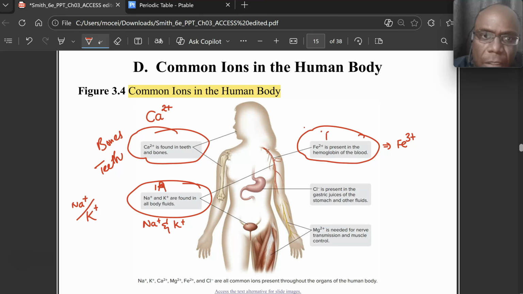So just know cations of Fe, which is an iron element, are found in the hemoglobin of the blood. The chloride ion is present in the stomach.